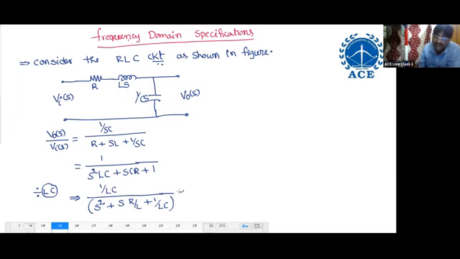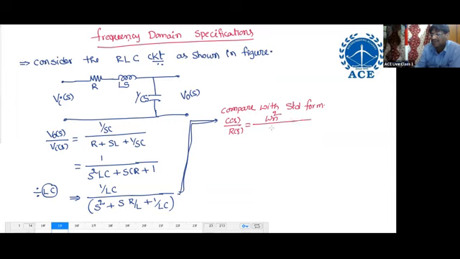Now compare with the standard form. What is that? C of S by R of S equal to omega n square by S square plus 2 zeta omega n S plus omega n square.